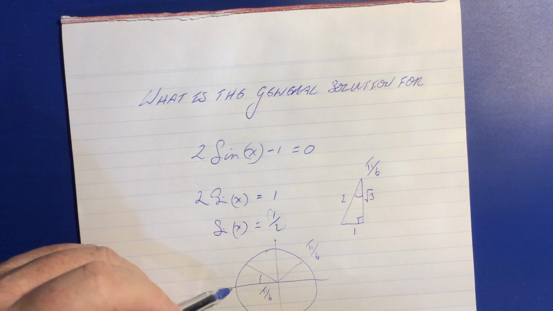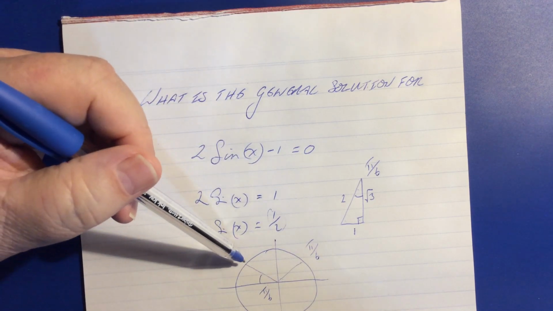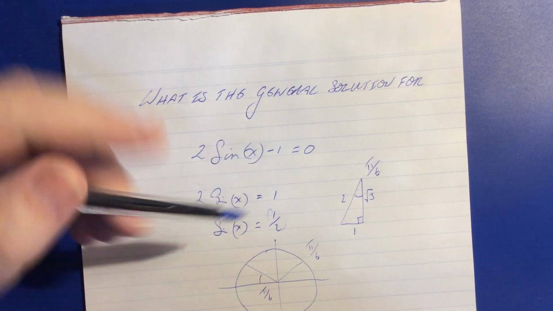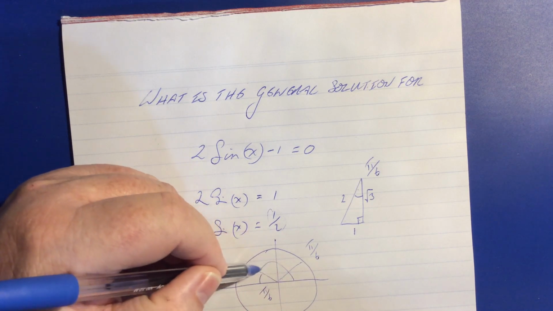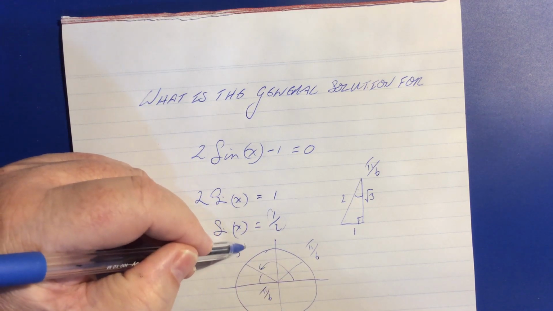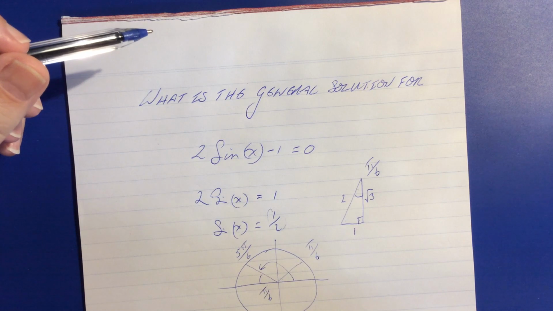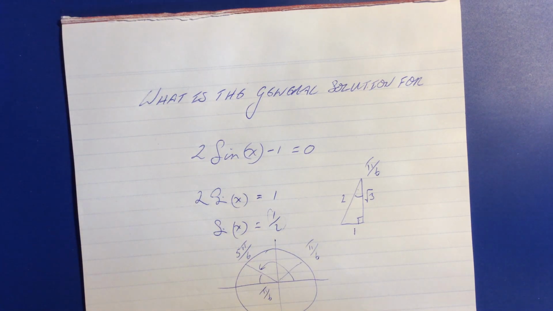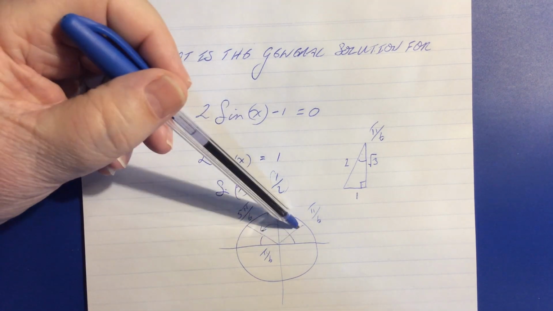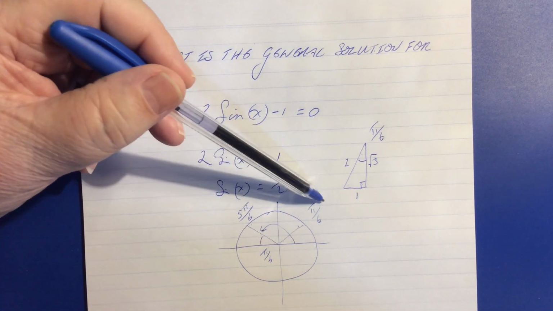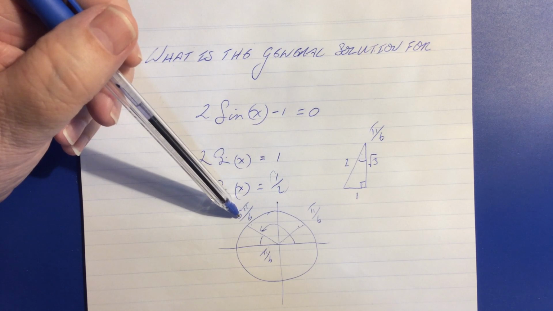So that's pi on 6 off the x-axis. It is going to be from here 5 pi on 6. So these are our two starting points, pi on 6 and 5 pi on 6.